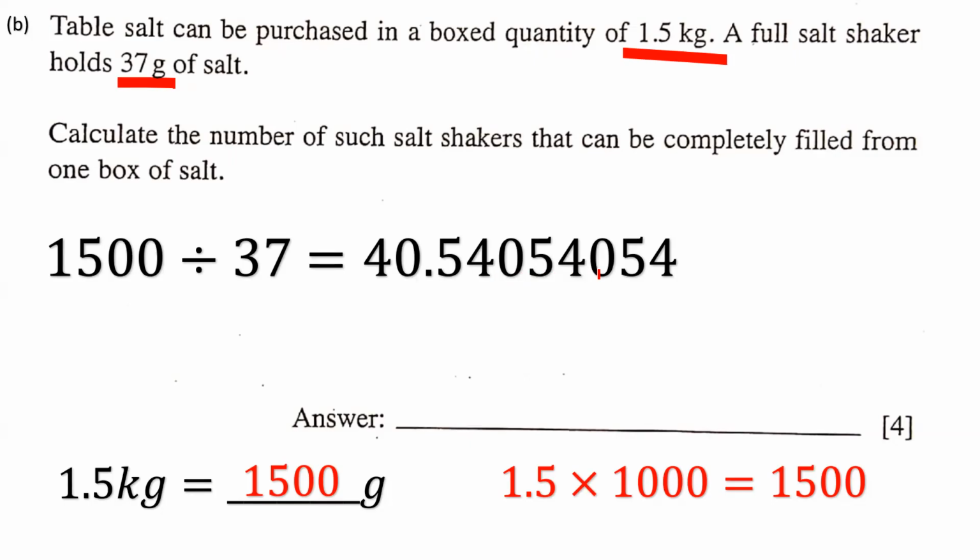Well, if we want to figure out the number of salt shakers that can be completely filled from one box, it is actually 40. And so we don't worry about the rest of the numbers because they are not a complete shaker full. And so the number of salt shakers that can be completely filled is going to be 40.